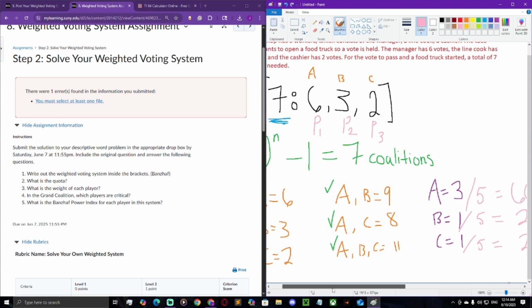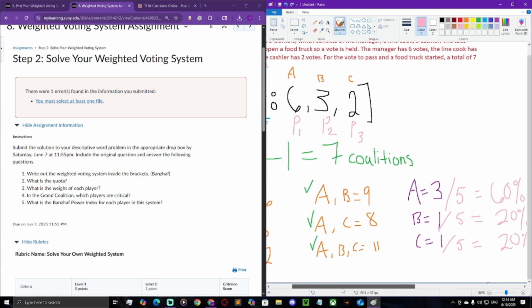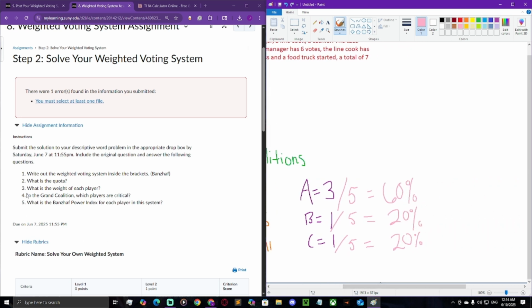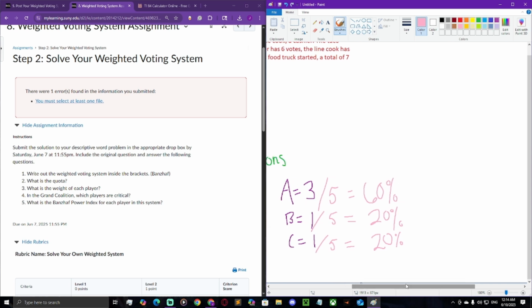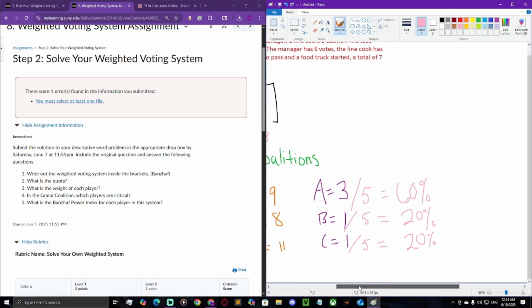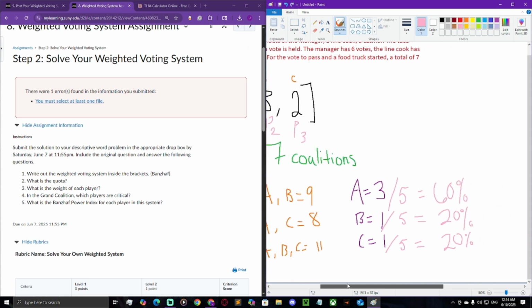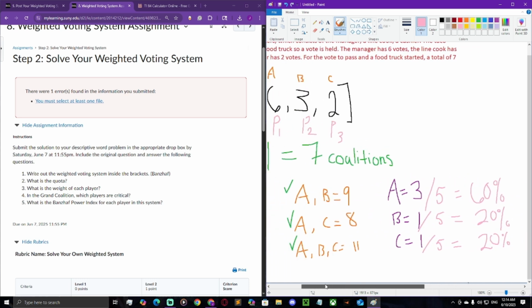In the Grand Coalition, now moving on to question 4. I may have jumped the gun a little bit with the percentages. In the Grand Coalition, which players are critical? Well, what happens when we remove A?